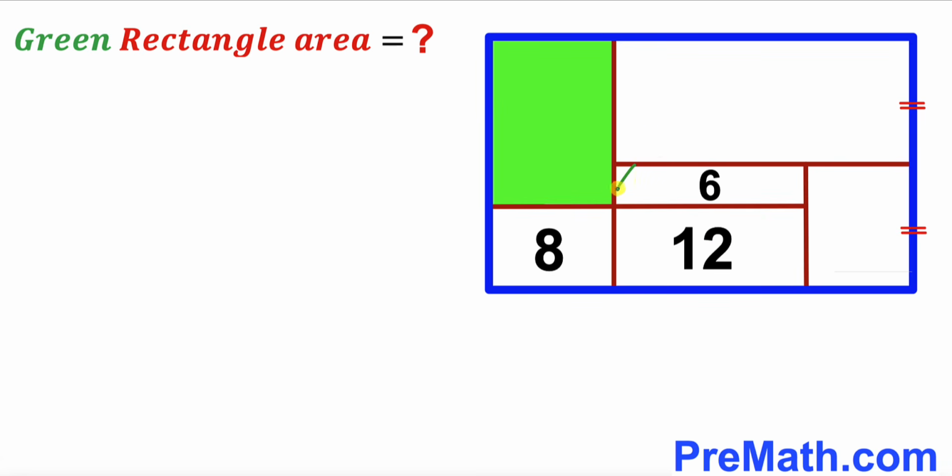And finally, the area of this tiny rectangle is 6 square units. And furthermore, this segment length is equal to this segment length. Now our task is to calculate the area of this green shaded rectangle.